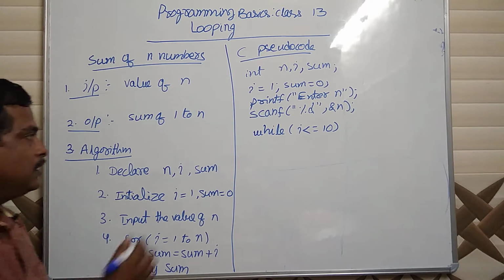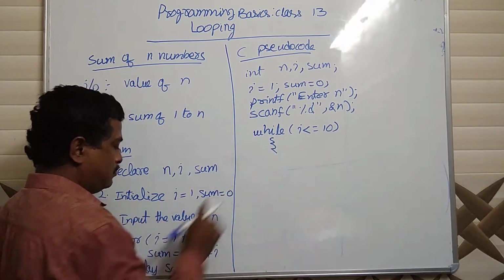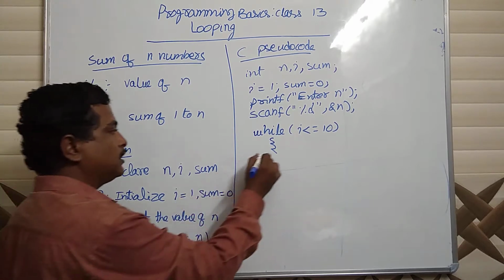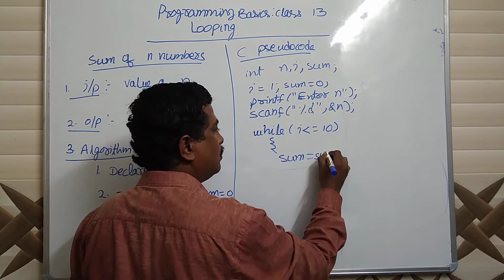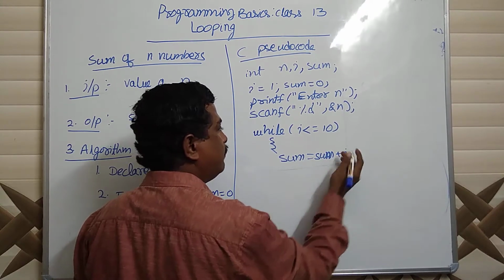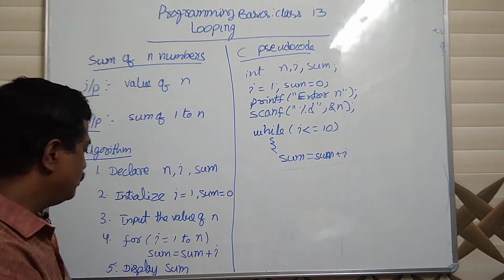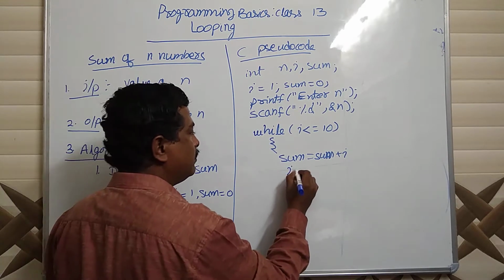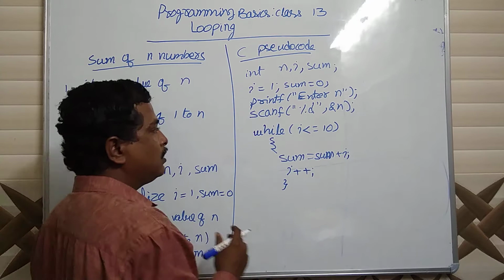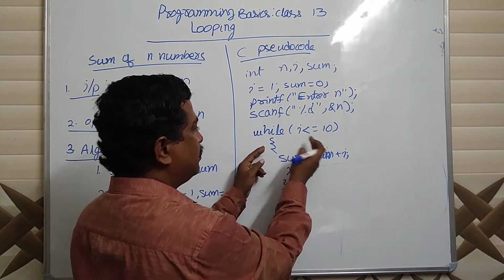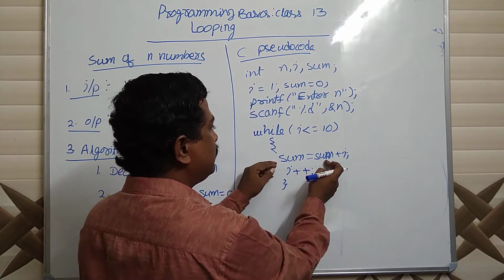Okay, what is the task? Sum equal to sum plus I. Each time I will be added to sum. Okay, now I will be incremented. Here what happens, initially I value is 1, so 1 is added to 0.